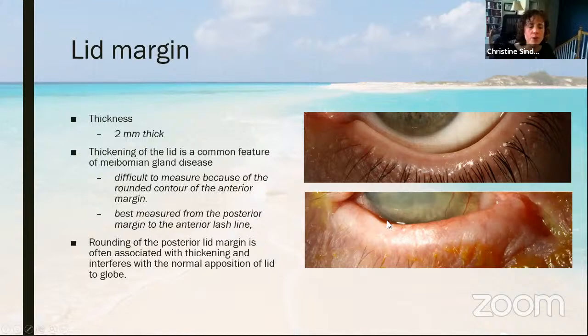And when you don't have good apposition, it's like the windshield wiper on your car is not working appropriately. And in a situation like this, no amount of just hot compresses or lid cleaning is going to restore the situation. When you don't have eyelid apposition, you need to start thinking about potentially a surgical correction for this, whether it's to tighten a lid or to do a tarsorrhaphy or something to bring that lid back to the globe.